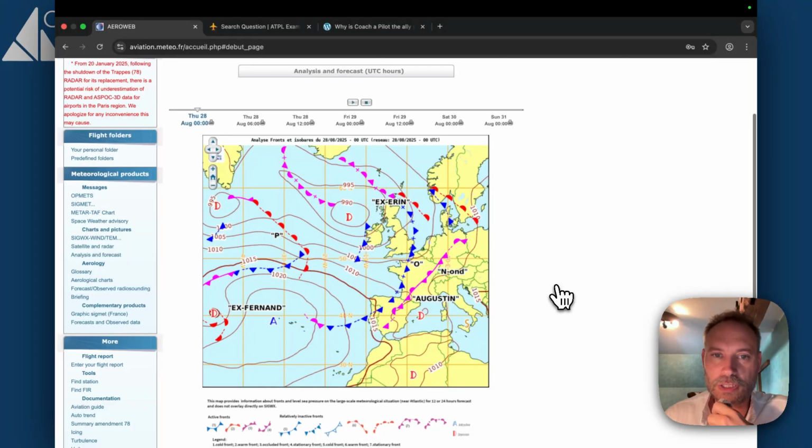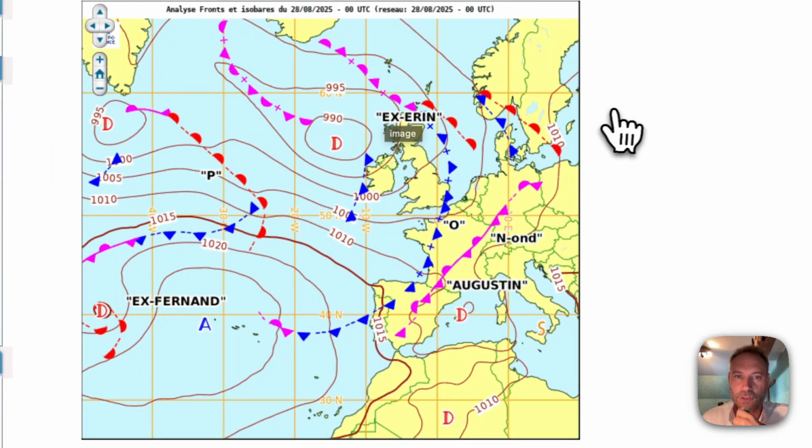As you can see on this chart here, there is a low pressure system northwest of the UK, that is actually the previous tropical cyclone called Erin, that was integrated to the polar fronts, and that became a depression from the polar fronts, so a polar front depression.